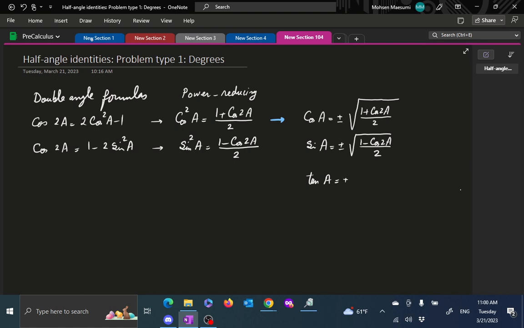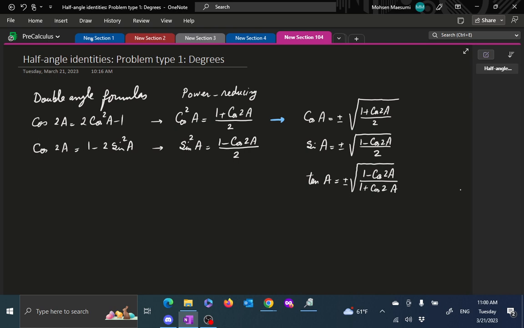So we still have a plus or minus here, which is the ratio of these two: 1 minus cosine of 2a over 1 plus cosine of 2a. When I divide this by that, the 2's cancel, and I get a ratio of this numerator to that numerator.